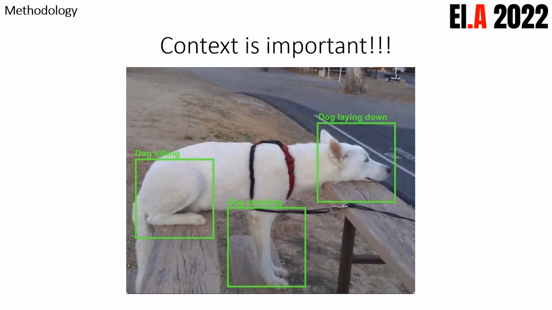As seen in this picture of a dog, context is very important. For example, 8 megawatt hours of energy usage in winter is normal, but not in summer. And this is an essential aspect that must be included in the models that are created. It's not just the consumption, but also other aspects that change throughout the year or throughout the day as well. So the method that we choose must be able to take this into consideration.